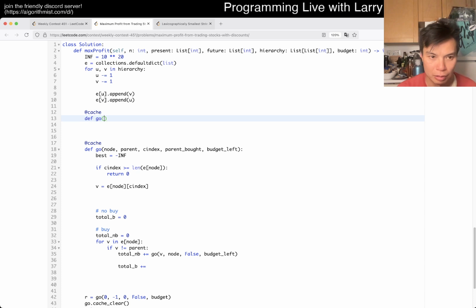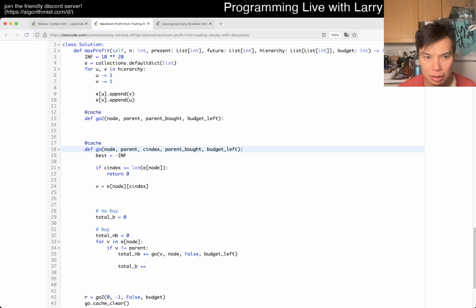So here we want go to, say no, and maybe this is go to anyway. So then now we don't do the C index thing, and parent bought only matters for this anyway, where it does not matter for this.